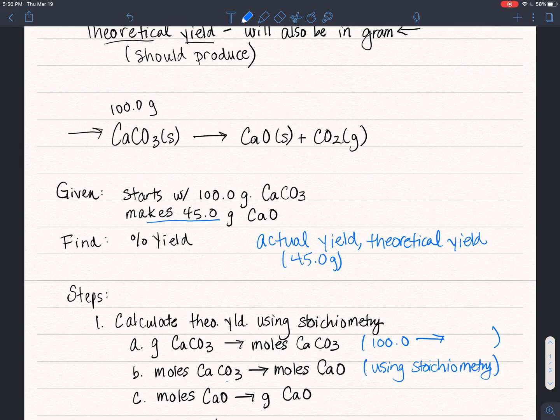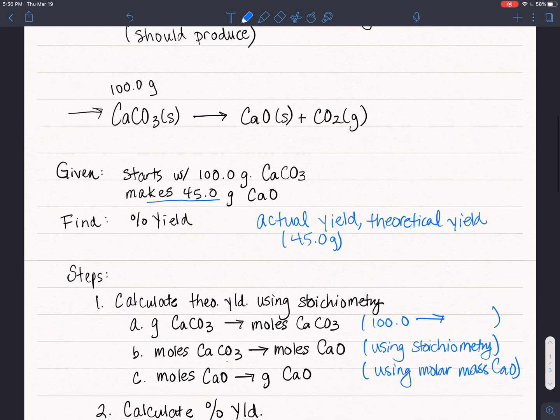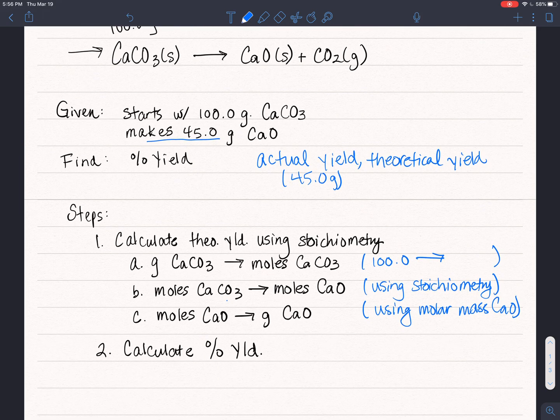And then we can take the moles of calcium oxide and turn that into grams of calcium oxide using the molar mass of calcium oxide. And that will give us our theoretical yield. So after steps A, B, and C, we will have the theoretical yield.